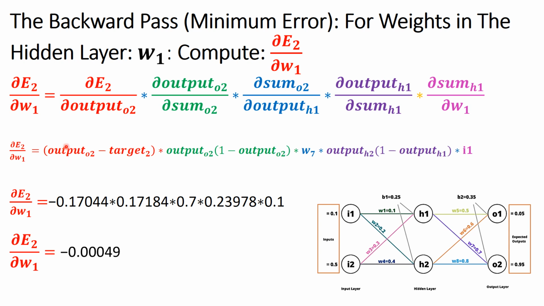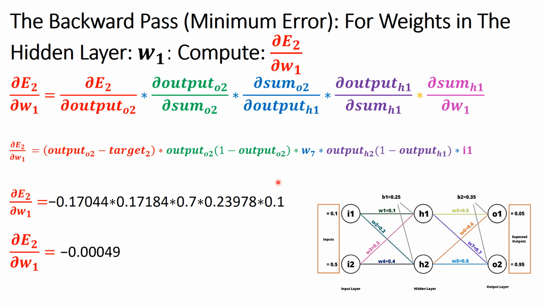Using the chain rule of calculus, the gradient of E2 with respect to W1 equals the gradient of E2 with respect to output O2, multiplied by the gradient of output O2 with respect to sum O2, multiplied by the gradient of sum O2 with respect to output H1, multiplied by the gradient of output H1 with respect to sum H1, multiplied by the gradient of sum H1 with respect to W1.